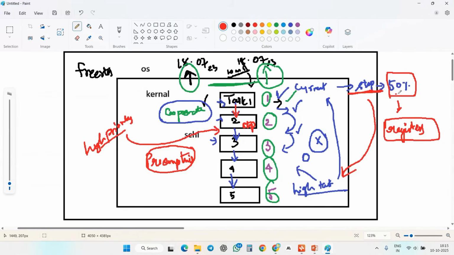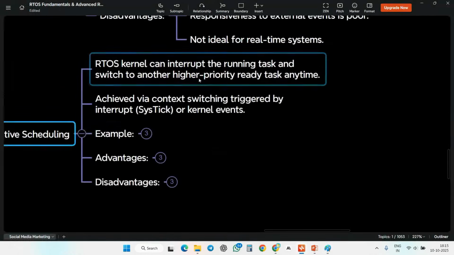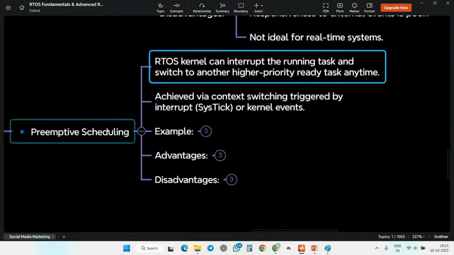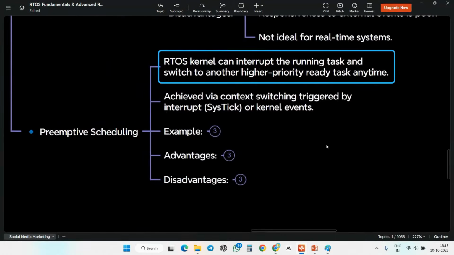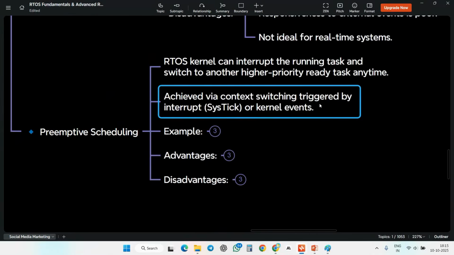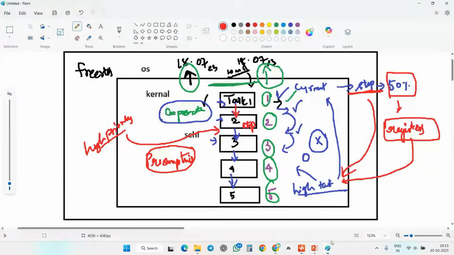If it has done 50% of the work, that is stored in the registers, and then it gives priority to this higher priority task. So in the RTOS kernel, with preemptive scheduling, when there is an interrupt while a task is running, it switches to another higher priority ready task at any time. This is achieved via context switching. Context switching is just storing the data.